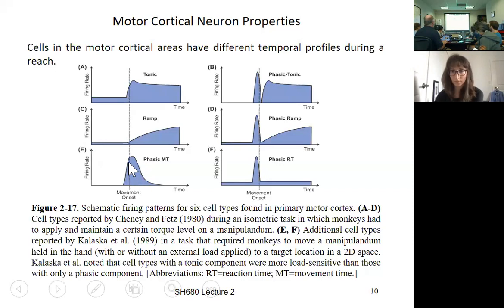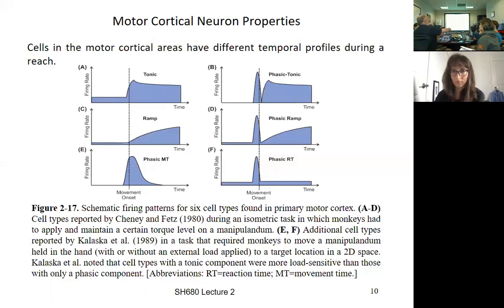So this looks like an early version of the velocity profile that you see at the periphery. And so this is probably a velocity-related cell. It's probably controlling muscle velocities. And the movement itself is, of course, when there is a velocity, otherwise it's not movement. And you go from a starting point where you have to hold the arm in one position, so one set of tonic muscle activities.